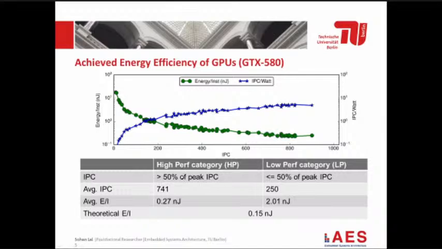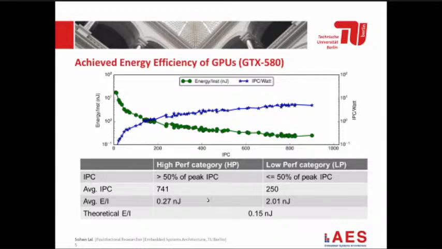All the benchmarks which have IPC greater than 50% of the peak IPC, we classify as the high performance category, and all the benchmarks which have IPC less than or equal to 50%, we classify as the low performance category.